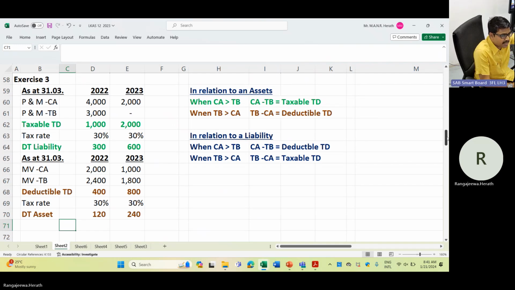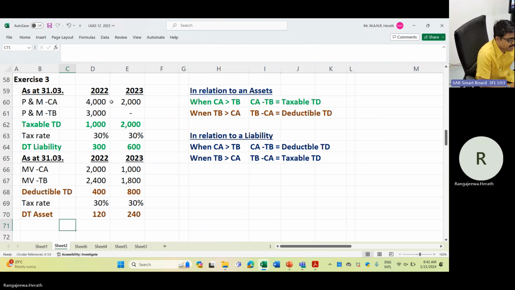Tax purpose depreciates over less number of years, accounting purpose another number of years. So for a property, plant and equipment item, the difference between carrying amount and tax base is always temporary. Because over a particular period, for tax purpose it is depreciated, for accounting purpose also it is depreciated. Right?